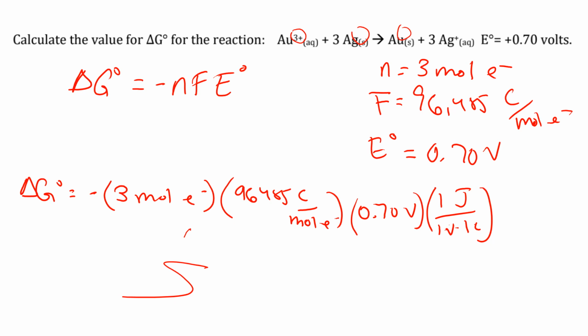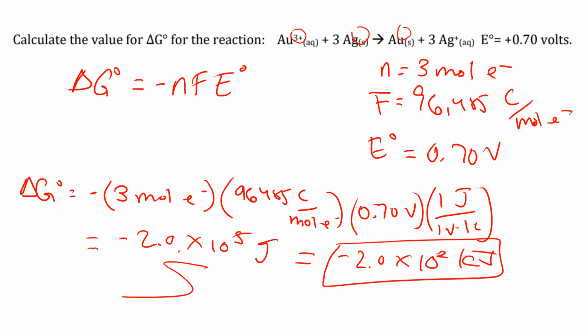In the calculator, I end up with negative 2.0 times 10 to the 5 joules, or negative 2.0 times 10 to the 2 kilojoules. So if it doesn't tell you, you can leave it in joules, but if they do tell you, you need to convert it to kilojoules.